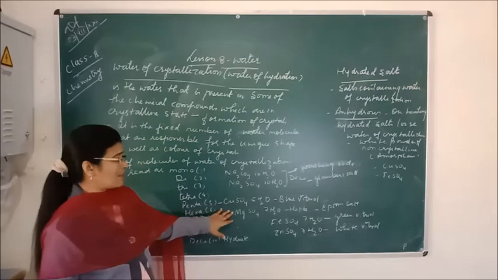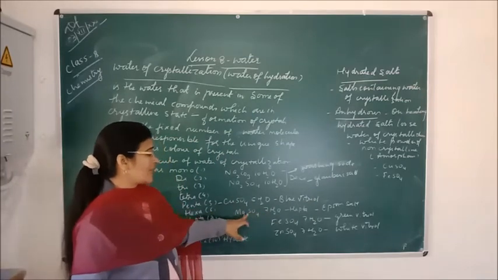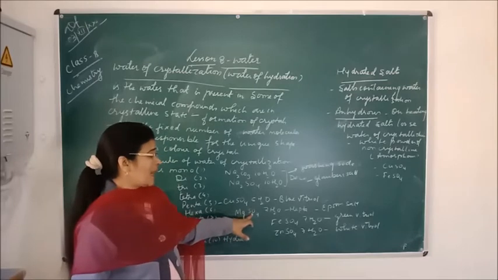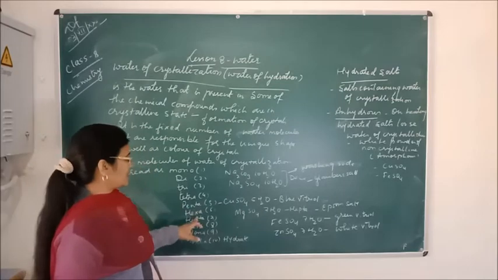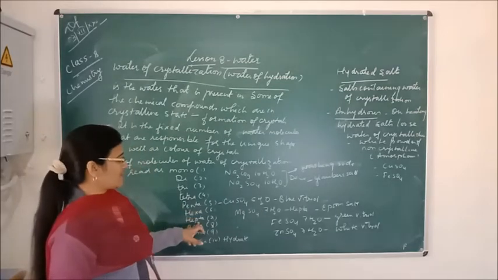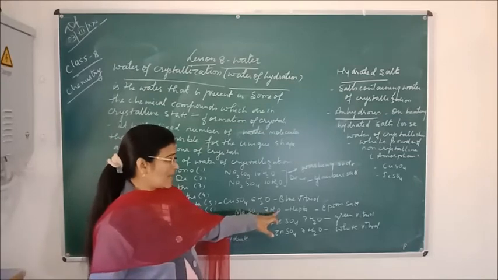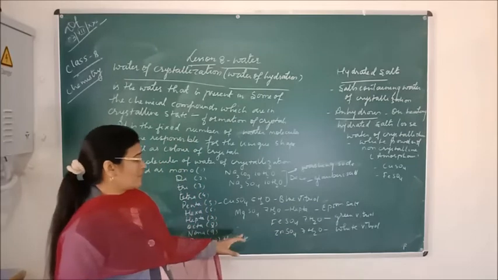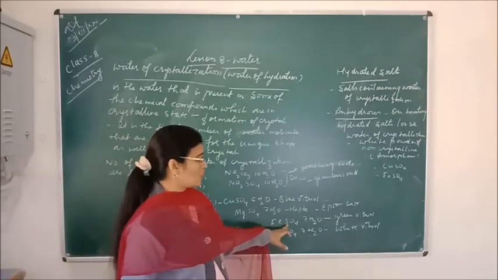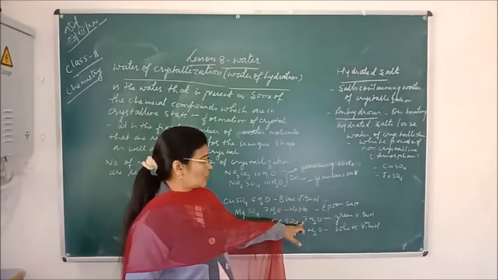Another is MgSO4 7H2O. MgSO4 means magnesium sulfate, and it has 7 water molecules, which is read as hepta. So magnesium sulfate heptahydrate, and its common name is Epsom salt. Another is ferrous sulfate, FeSO4 7H2O, also 7 water molecules.